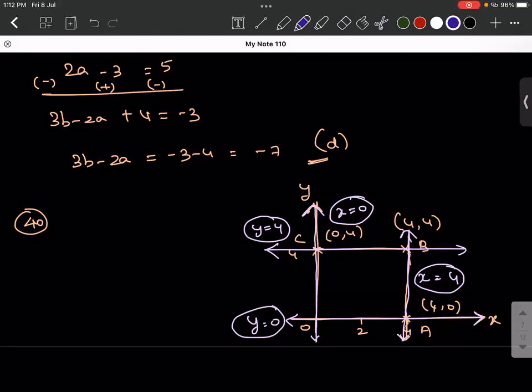I didn't put minus anywhere. B is the right answer. So what are the equations? X is equal to 0, x is equal to 4, y is equal to 0, and y is equal to 4. Did you understand? Okay, draw the diagram.